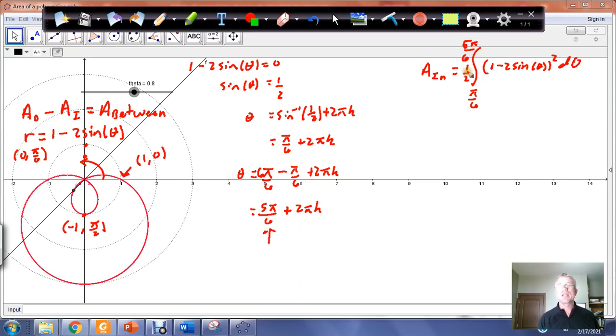So another way to calculate the area of the inner loop would be to take the angle from pi over 6 to pi over 2, and then double that integral, because from pi over 6 to pi over 2 we would get half the area of that limacon. An alternative approach would be to go from pi over 6 to pi over 2, but double it, so 2 times a half is 1.